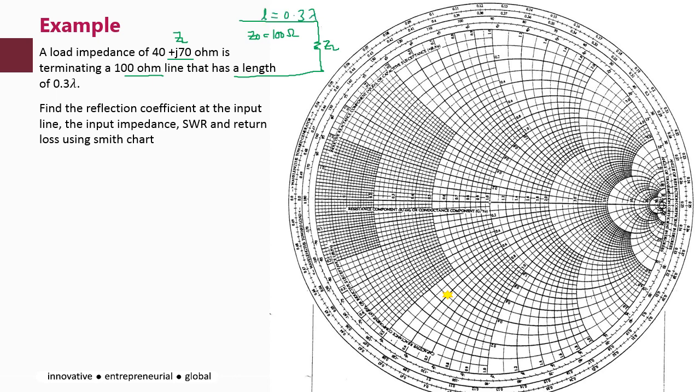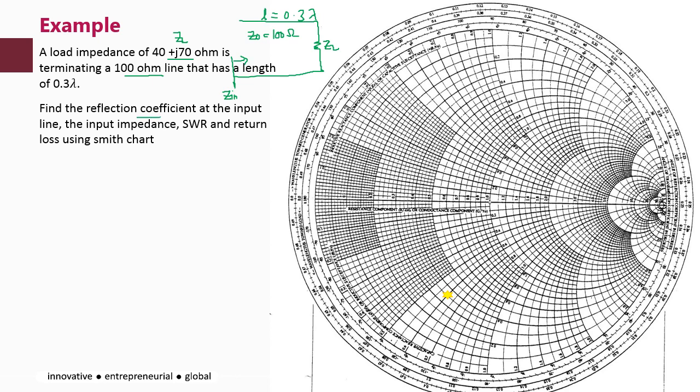Again, I recommend you sketch this equivalent circuit or the transmission line and put the values in, and this may be considered part of your steps in solving a problem.